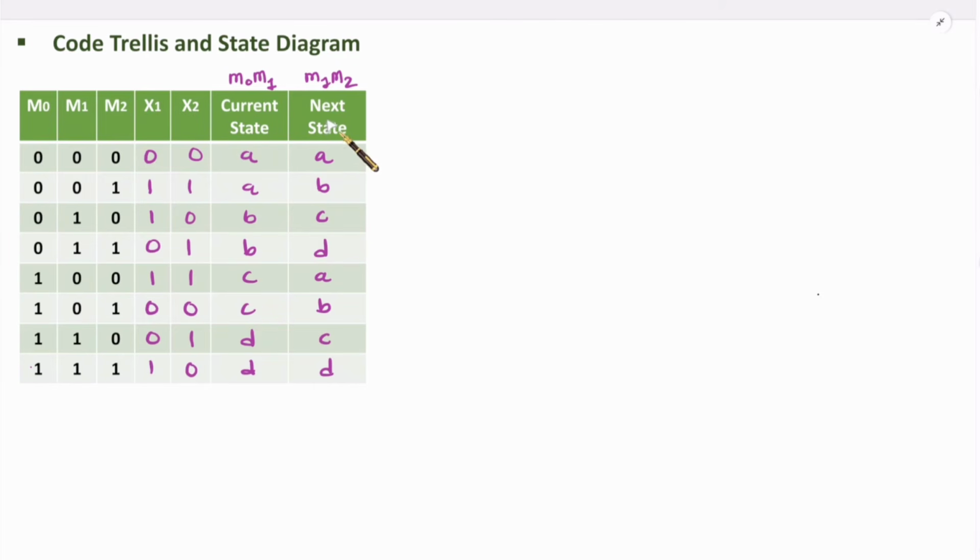Now I'll explain you code trellis. See to understand code trellis, first of all you need to understand how we plot line. So here in code trellis, we will be having input state over here. So let me mention state A, state B, state C and state D. That will be current state, right?